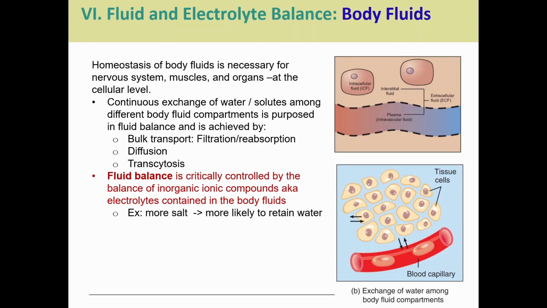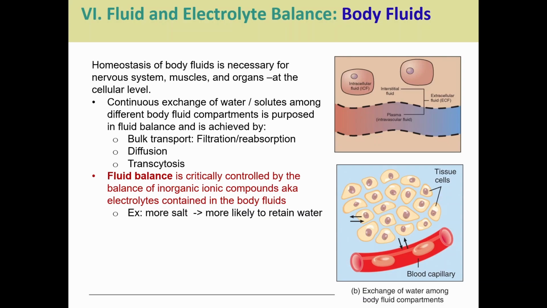And we need to maintain these body fluids. We need them to not fluctuate very much so that our nervous system, muscles, organs, everything at the cellular level can function properly. We're constantly making exchanges of water and solutes through bulk transport, through diffusion, through transcytosis, so that we can keep things in balance.